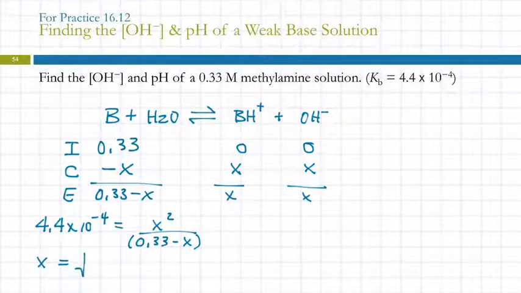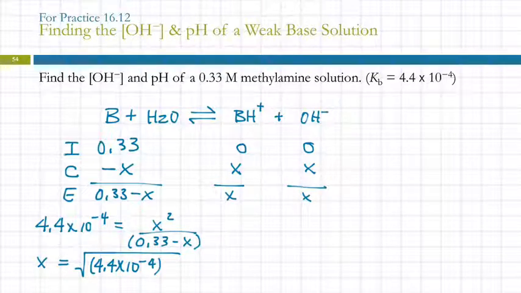In that case, x will be equal to the square root of 4.4 times 10 to the minus 4 times 0.33. I'm just rearranging this equation. I'm leaving out this minus x because that's what x is small says. So x is 0.012.